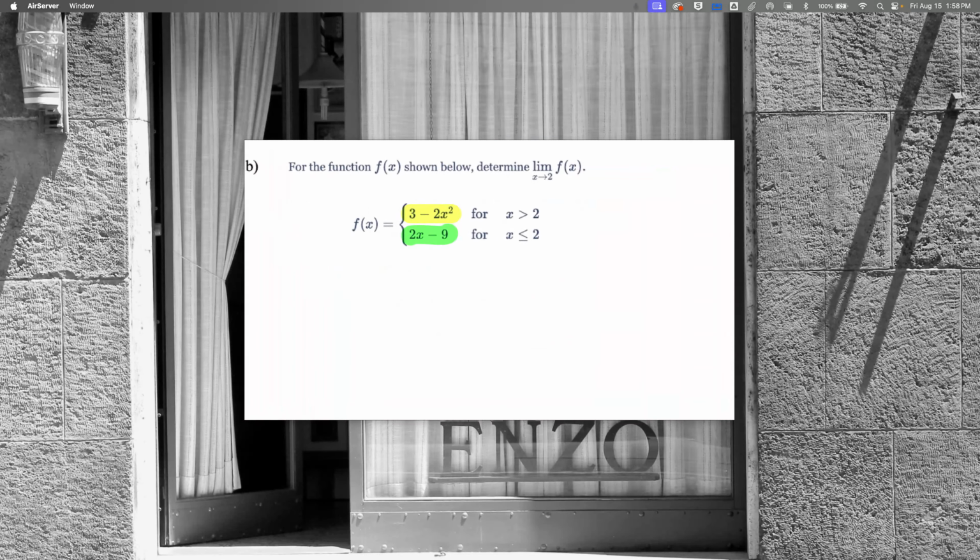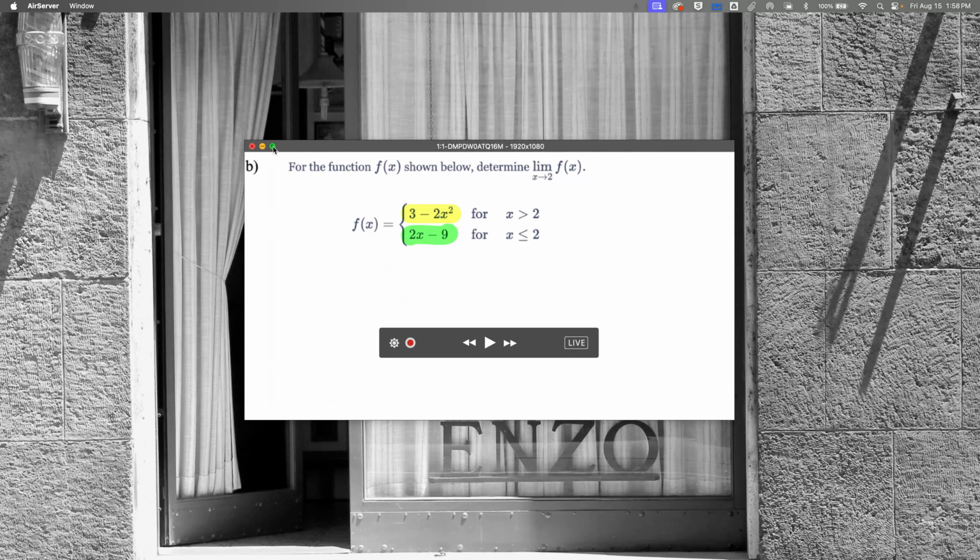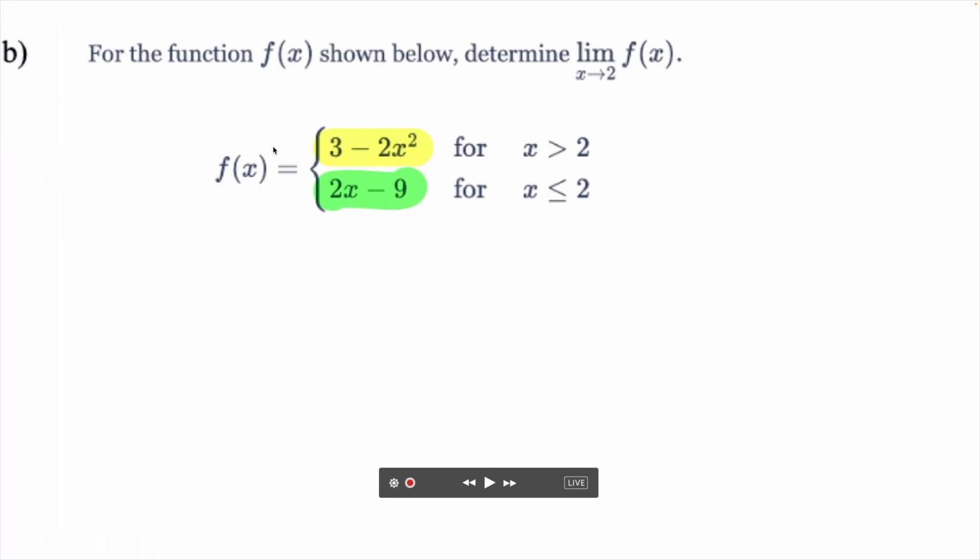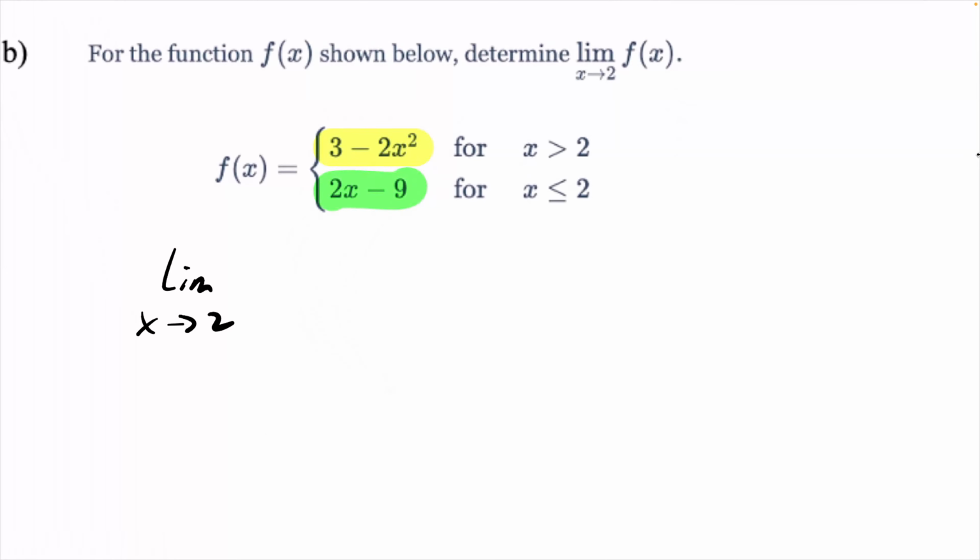Okay, so I got the limit as x approaches 2. What's my first attempt to solve for the limit? I need to figure out the limit as x approaches 2 for f of x.